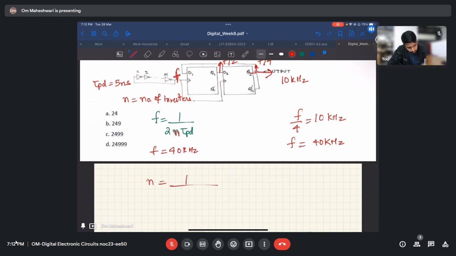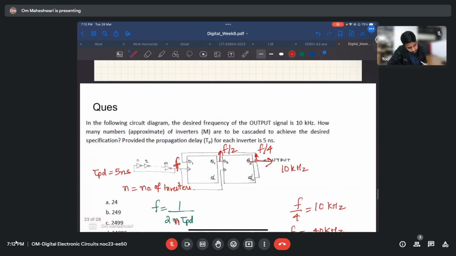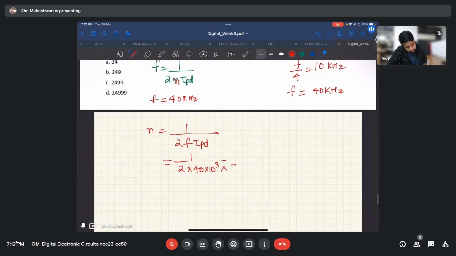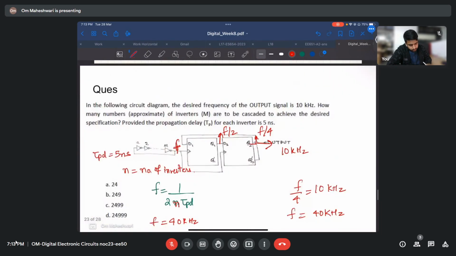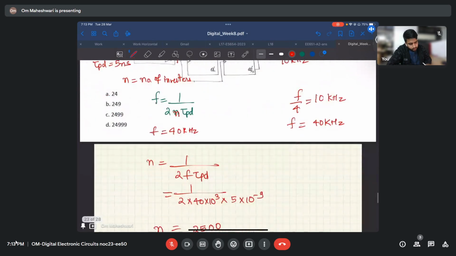So n is 1 upon 2f tau PD, which is 1 upon 2 into 40 into 10 to the power 3 into 5 into 10 to the power minus 9. It is 2500. So we need n equal to 2500 according to this formula.